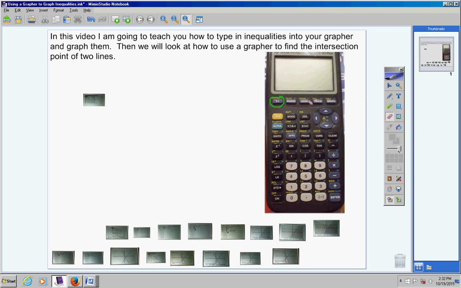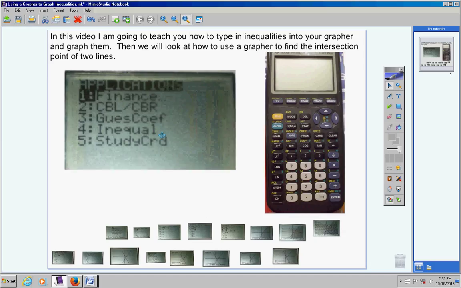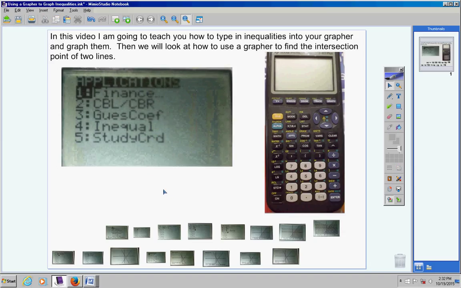So what you want to do next is go to your APPS button. Now your apps button is right here. Push that button. Now my nice TI-84s have pages of apps, tons. My black TI-83 right here, not so much, okay? But I don't care if you have a lot of apps or very few apps.